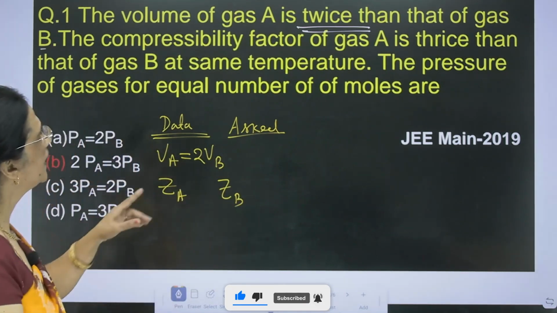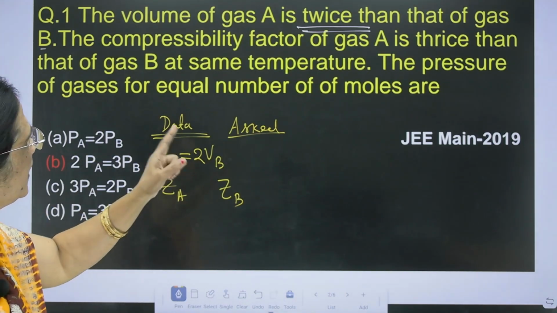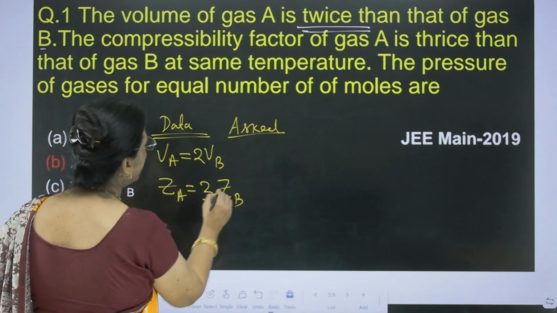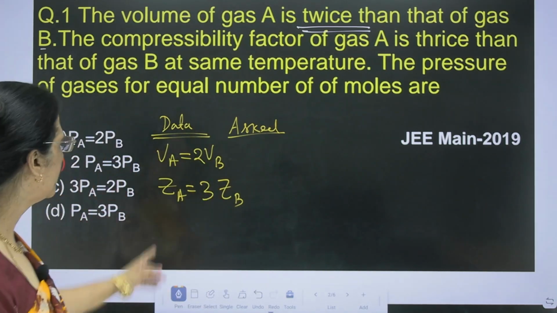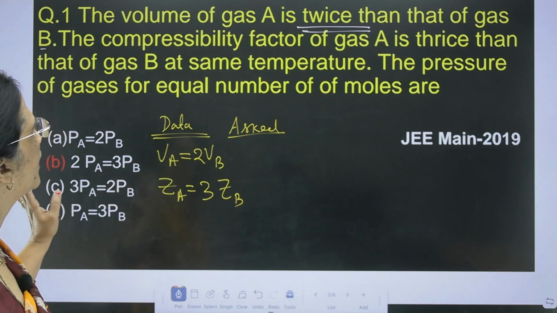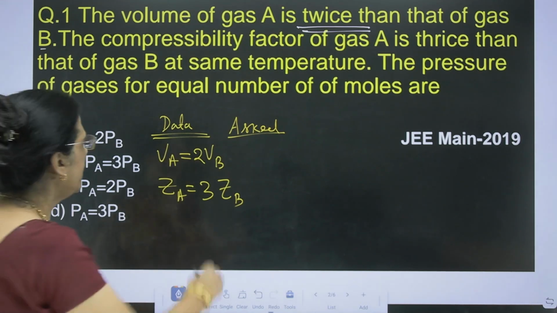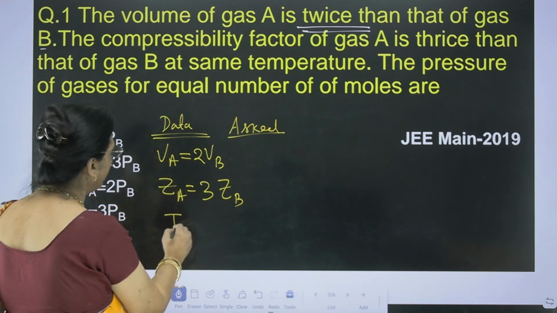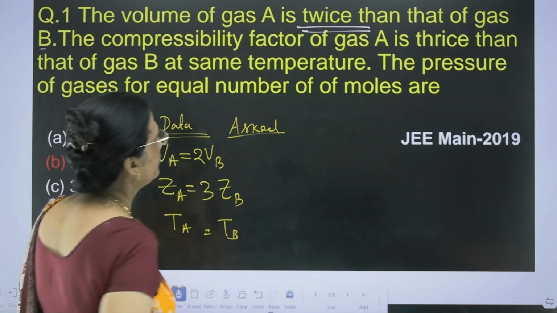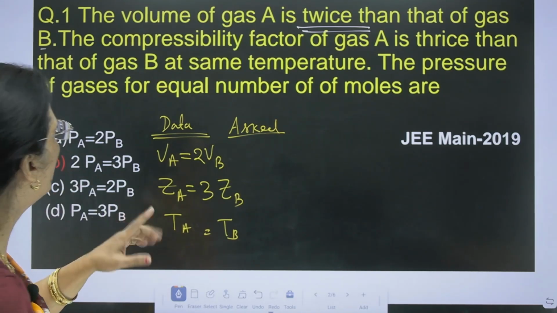Now, what is the relation given? The compressibility factor of gas A is thrice that of gas B, that means ZA = 3ZB, at the same temperature. Here the temperature is the same, so TA = TB.